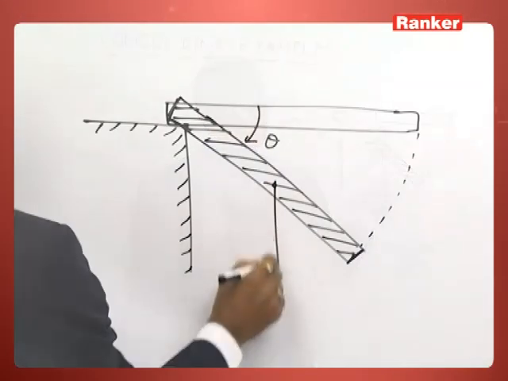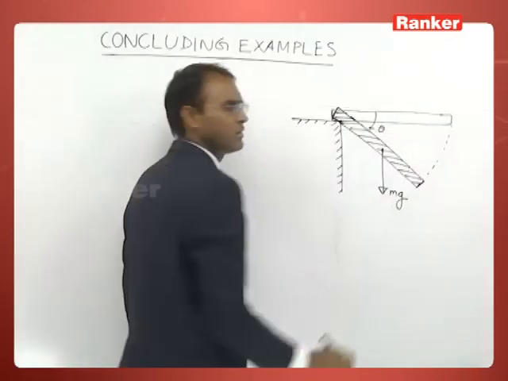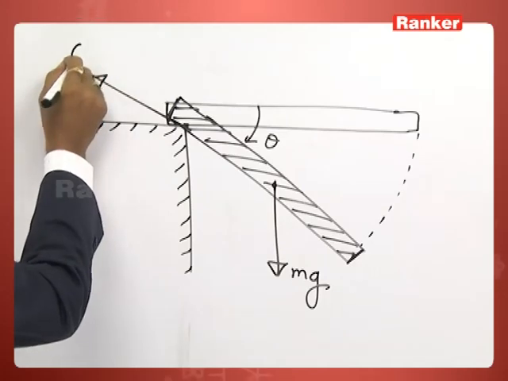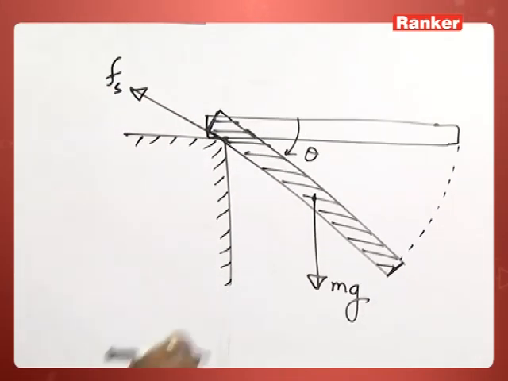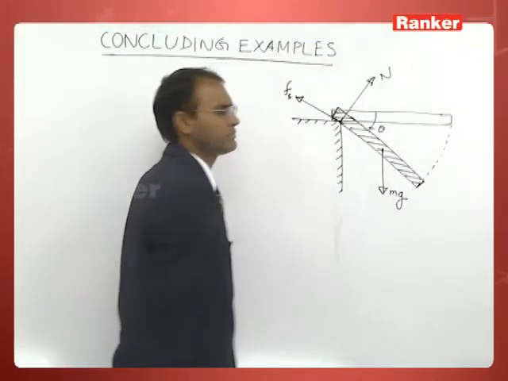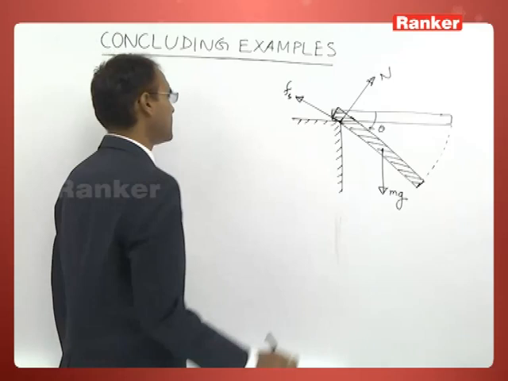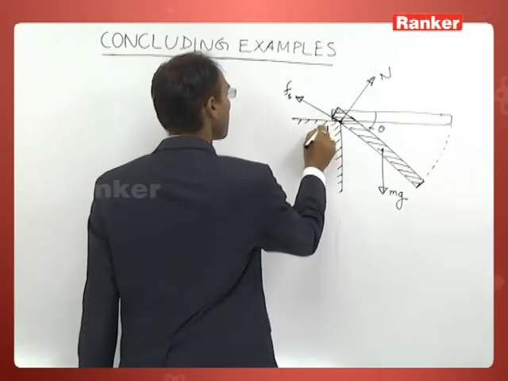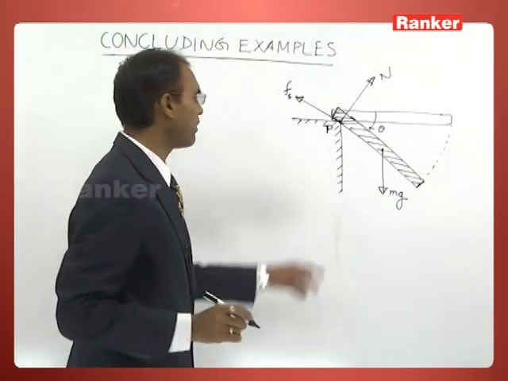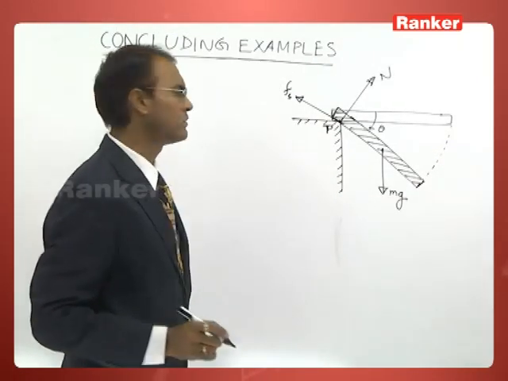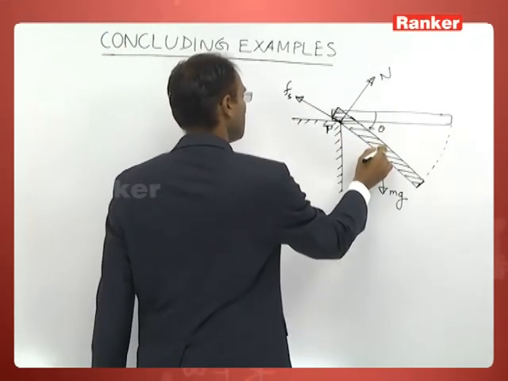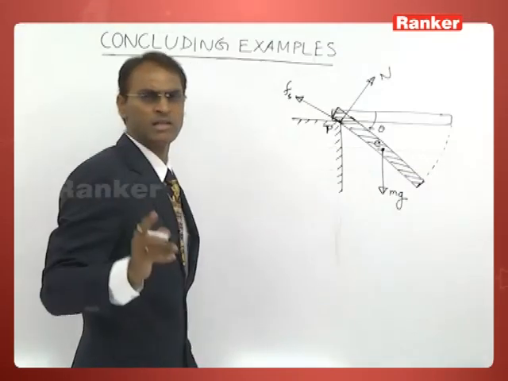Let us draw the FBD: gravitational force acting on the rod, the tangential contact force, that is none other than the static force of friction, and normal reaction force N. Since it is fixed axis rotation, we have the facility of writing the torque equation about this point, a pivot, or generally also you can follow by taking the center of mass as a reference point to write the torque equation.